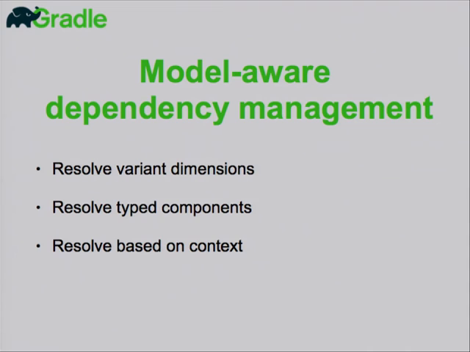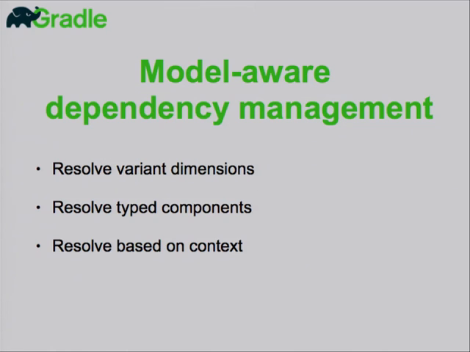Deeply baked in dependency management in Gradle has been this concept of: I've resolved the module, therefore I know the artifact to use. So suddenly we need to resolve the variant dimensions, and we need to know about compatibility. This is stuff we've worked on and we'll be getting better in the future. We need to resolve the actual type of the thing, so we need to know it's a shared library, so we can look at it as a library and get the header files from it. It's not always going to be a jar file that we get back.